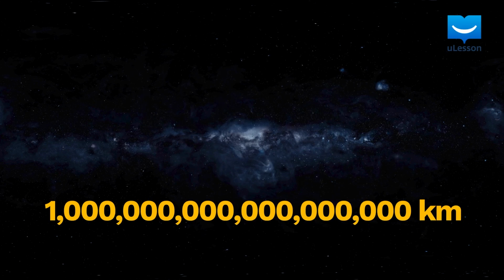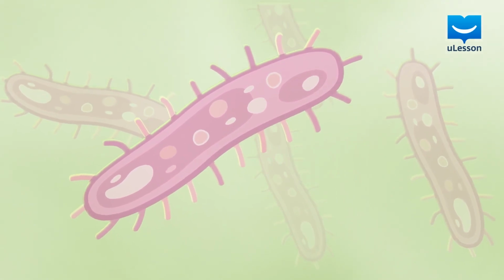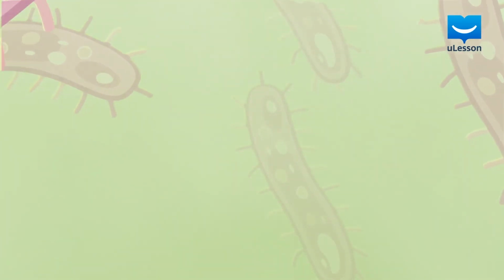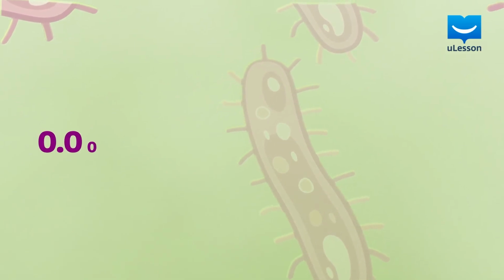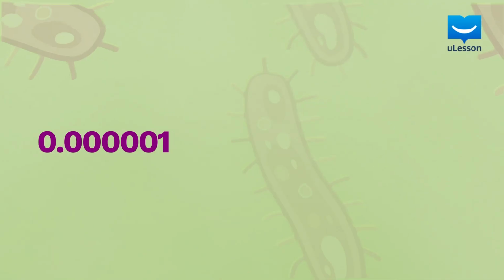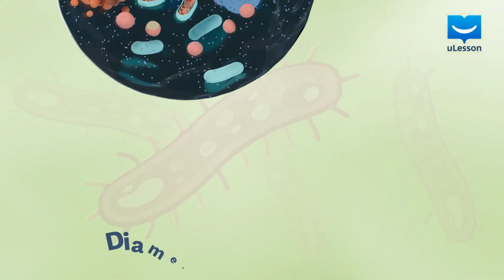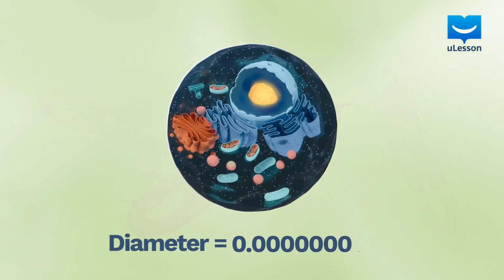What about working with a number so small, like the diameter of a bacteria cell, which is as small as 0.0000001 meters, or the diameter of a ribosome, which is 0.0000002 meters.